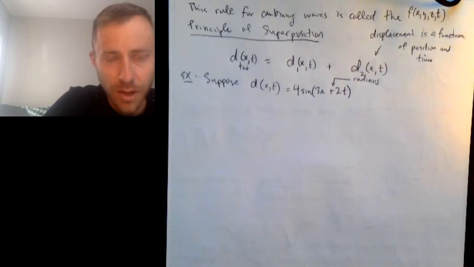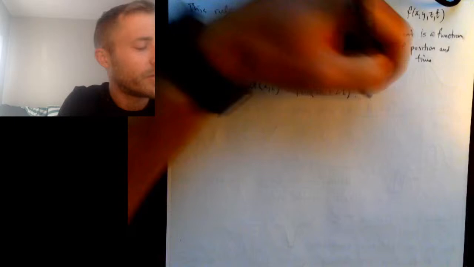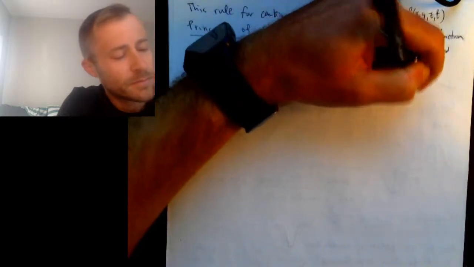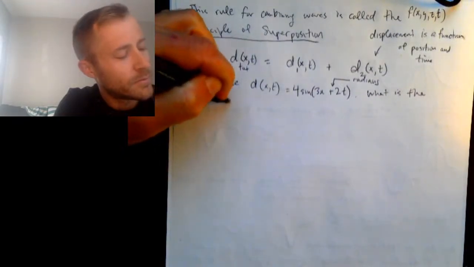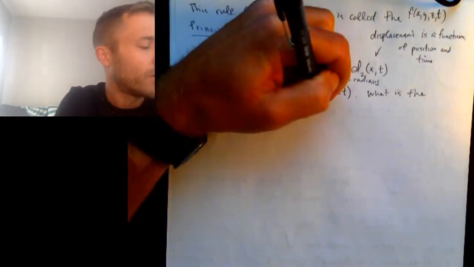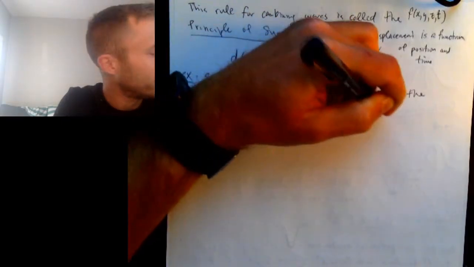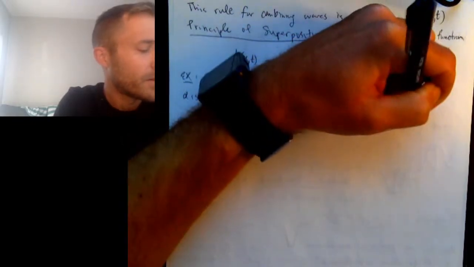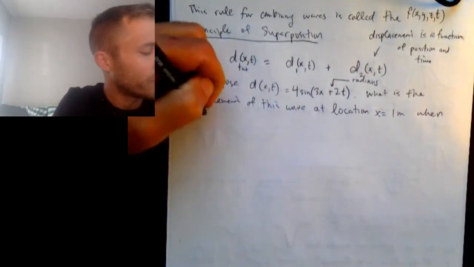It's going to ask you to put your calculator in radians mode when appropriate. Now the question is, what is the displacement of this wave at location x equals 1 meter when the time is equal to 3 seconds?